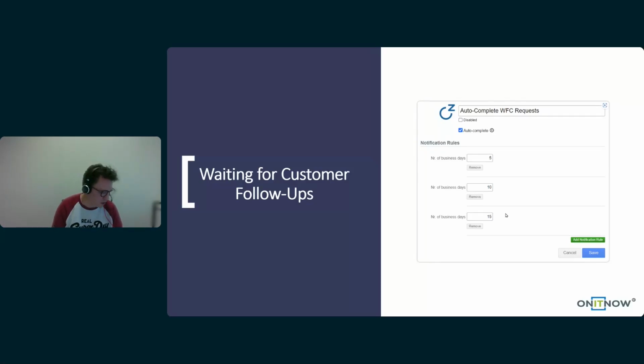So if a request is on waiting for customer, you can set how many days the first reminder should be added to the request, and that means that a note is added. You can go on and on. So in this case, 5 days, 10 days, 15 days, and you can say, okay, after 15 days, in this case, the request should be auto completed.